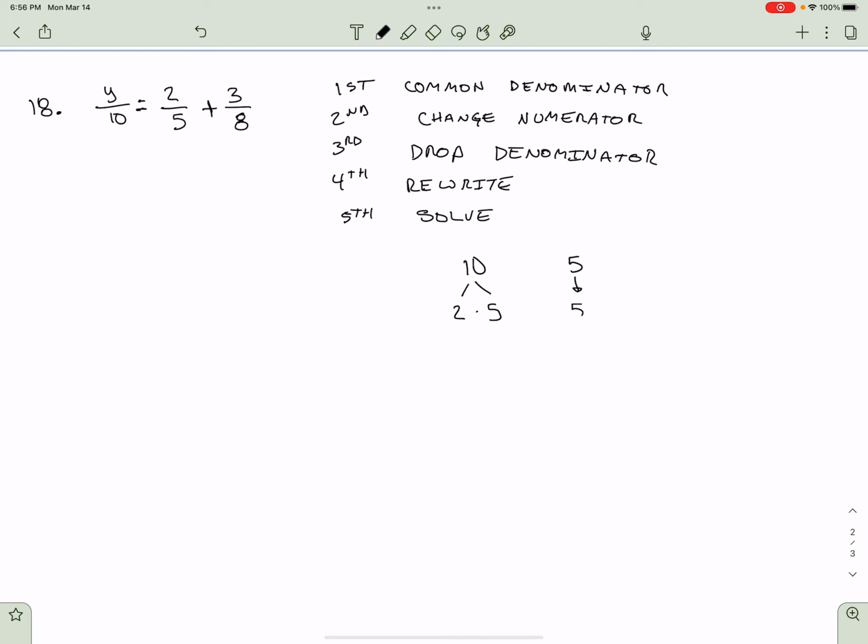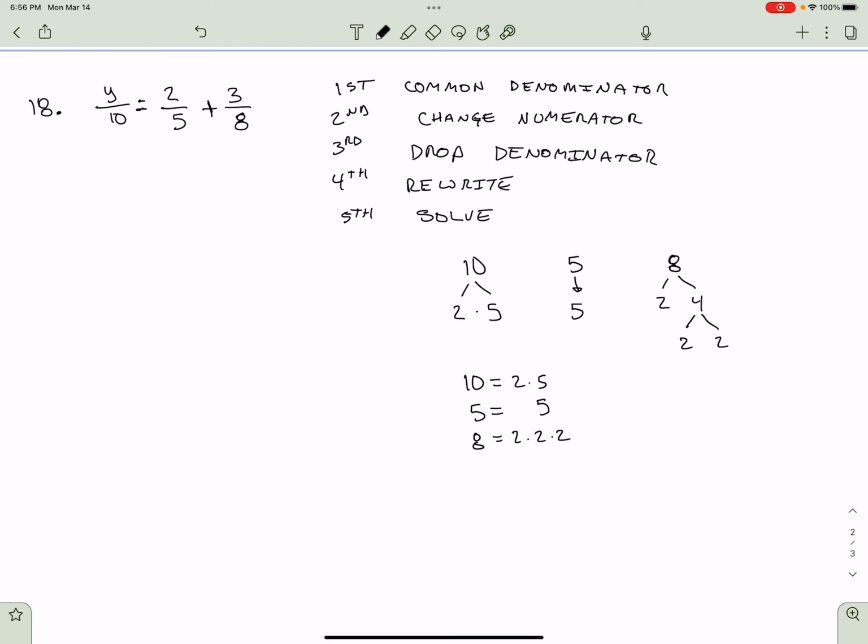It's just 5. And I have 8, which is 2 and 4. But 4 is 2 and 2. So I know now that 10 equals 2 times 5, and 5 just equals 5, and 8 equals 2 times 2 times 2.